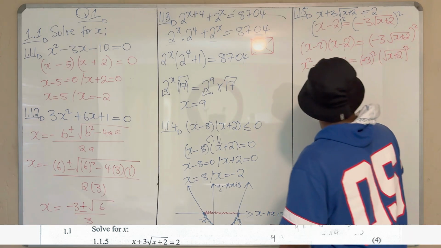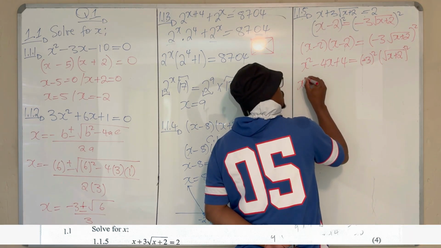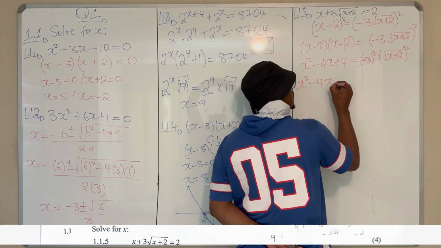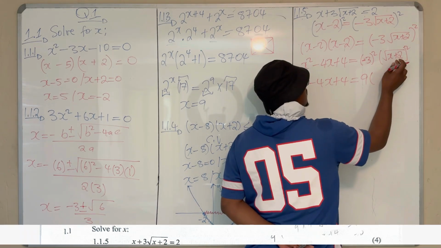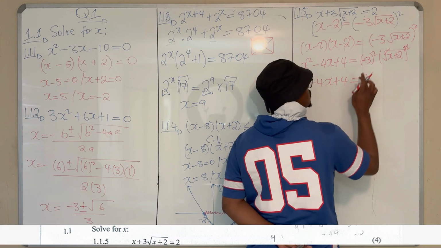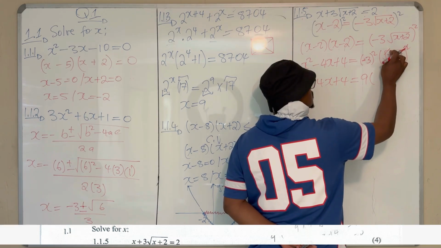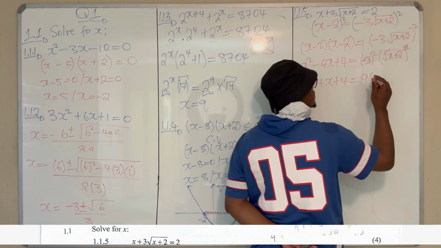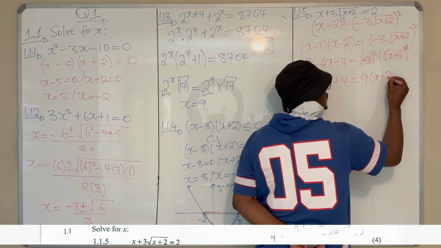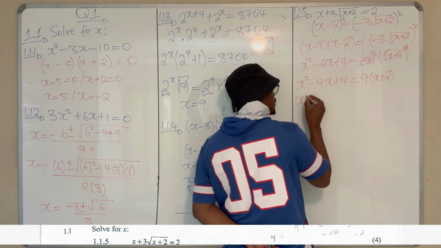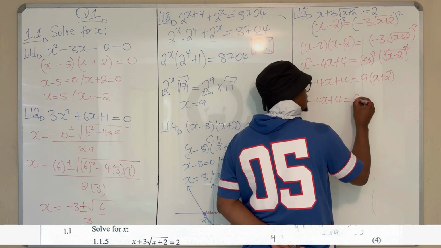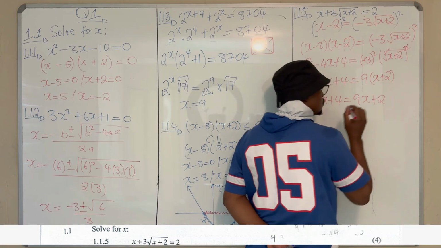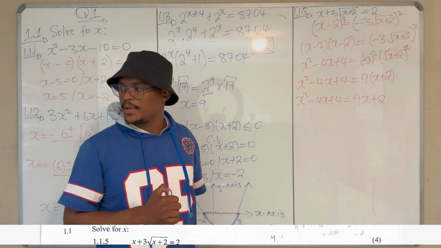Then in that case, you have your x squared minus 4x plus 4 equaling 9 times whatever this and that will go away, because this will be 9, and the square and the square root will cancel out. So you're left with x plus 2. So x squared minus 4x plus 4 equals 9 times x plus 2. Happy? Yes.